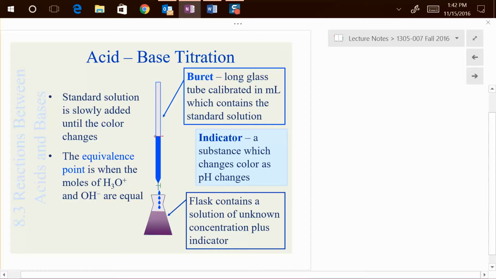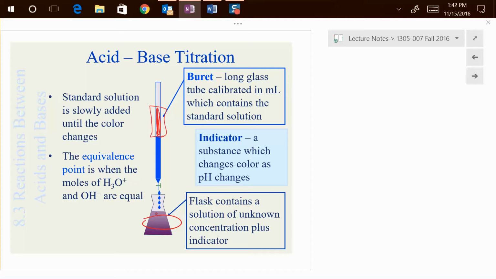I can calculate how much sodium hydroxide I added, and I know the concentration of this. And I know the volume, so that will tell me the moles. The moles of sodium hydroxide that I added are equal to the moles of acid that were in here, because it's a one-to-one reaction. So because they're equivalent, I can calculate the molarity of the acid through that reaction.